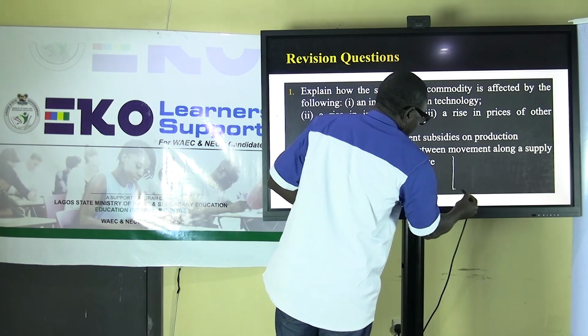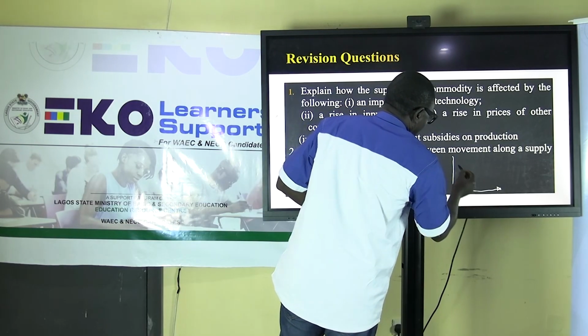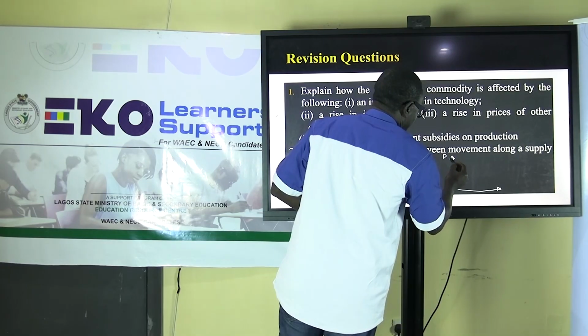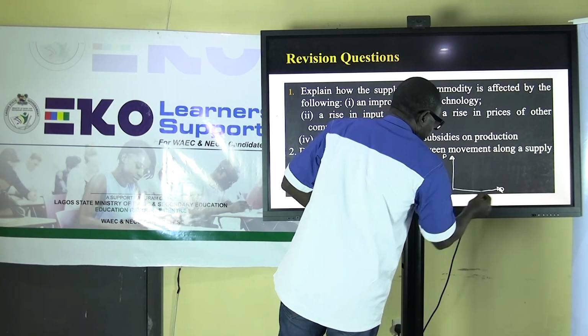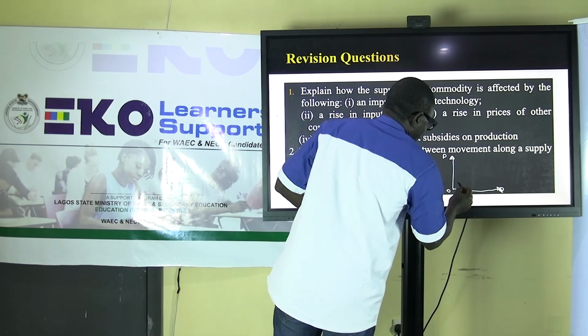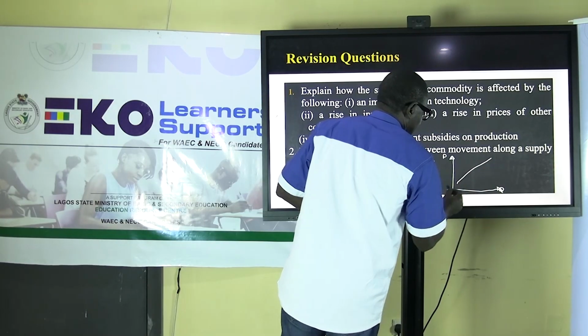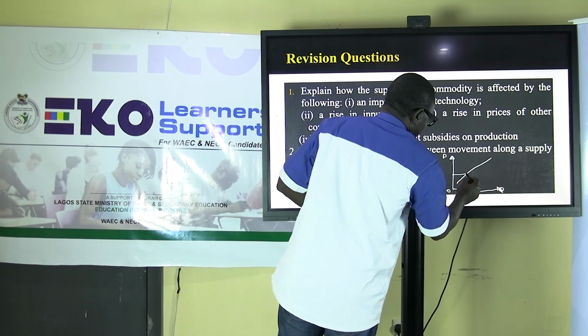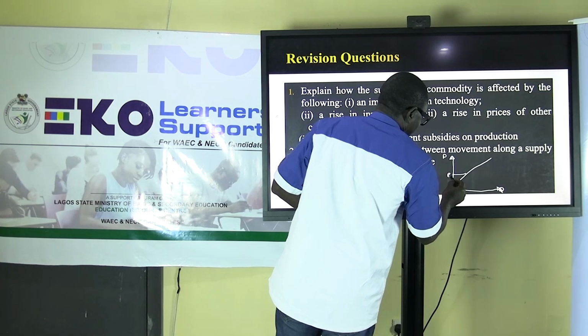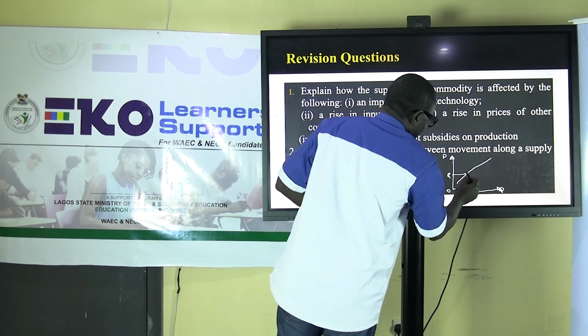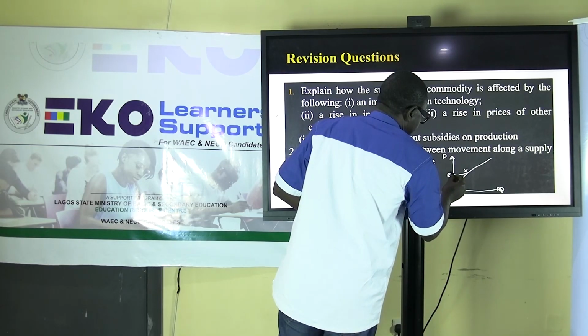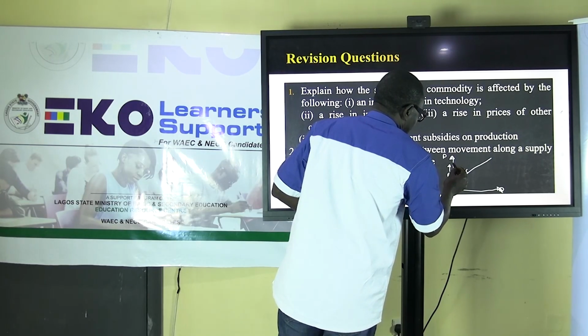For a movement along the supply curve, you simply have price and quantity, and then the supply curve, of course, rising. Initial price, P1. And then you have a point here, say X. And then the price, for instance, increases to P2.